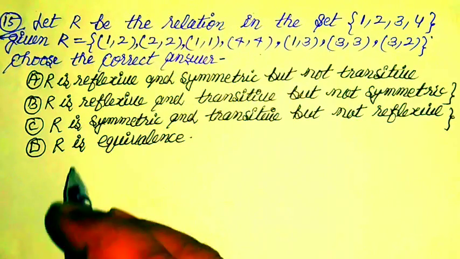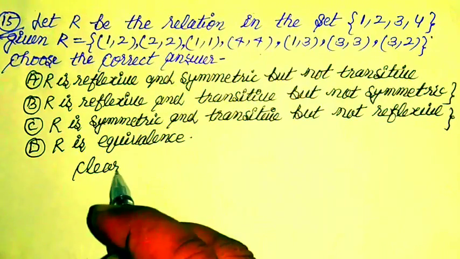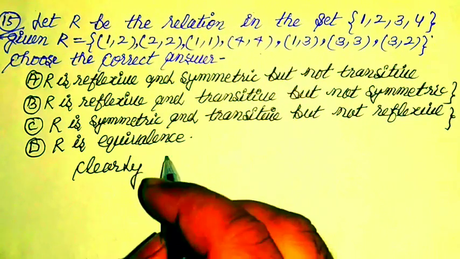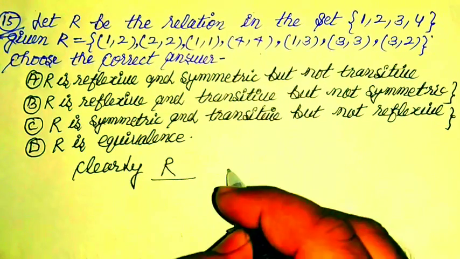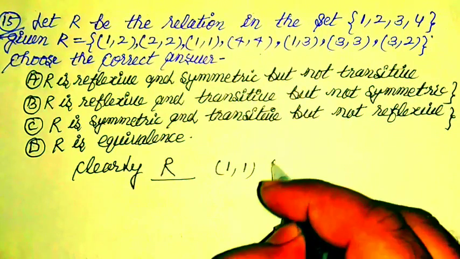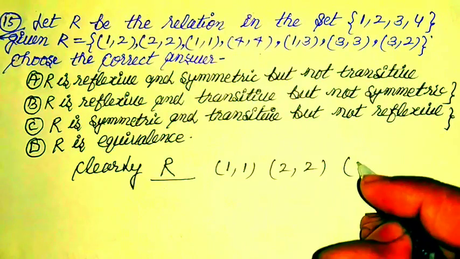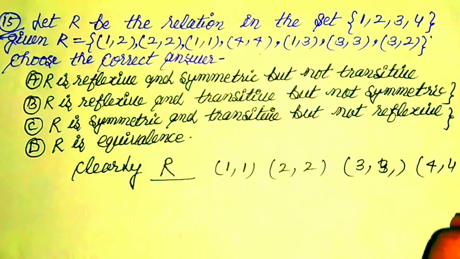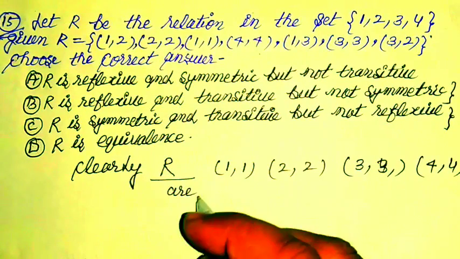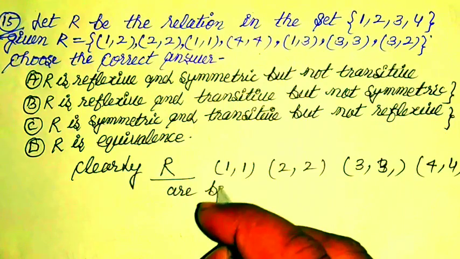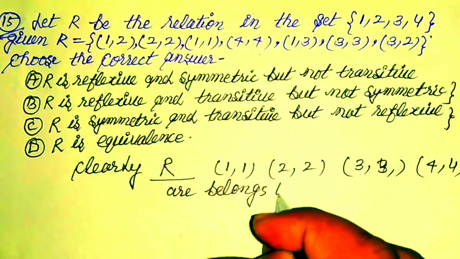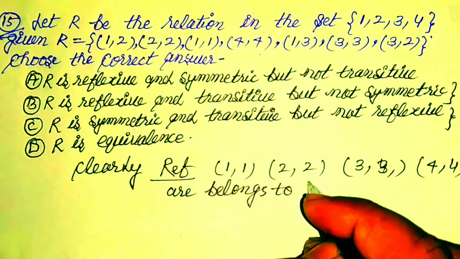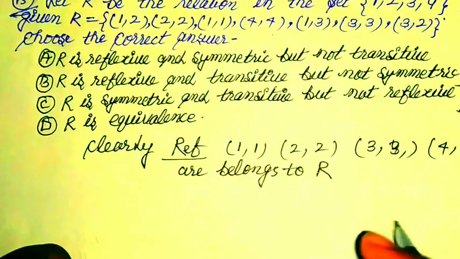So we can write clearly, for reflexive, (1,1), (2,2), (3,3), (4,4) belong to the relation. Okay, so it is reflexive.